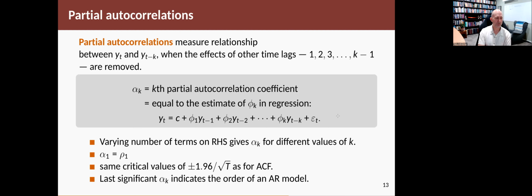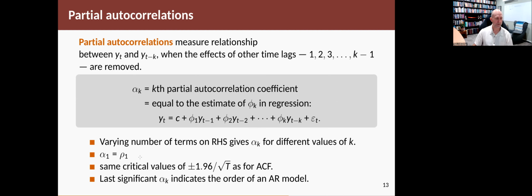So varying the number of terms on the right-hand side of this equation will give you different values of k and therefore different alpha k's, partial autocorrelation coefficients for different lags. Of course, when k equals 1, there's nothing in between, so there's nothing to take out. So the first partial autocorrelation coefficient is the same as the first autocorrelation coefficient.